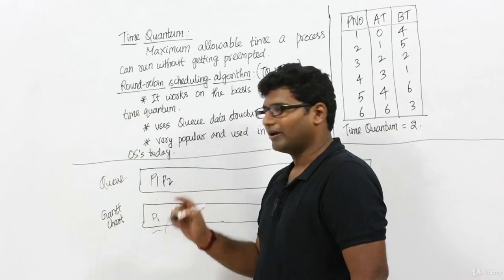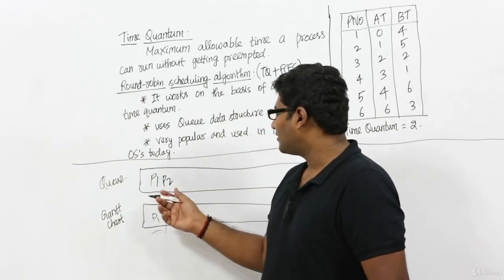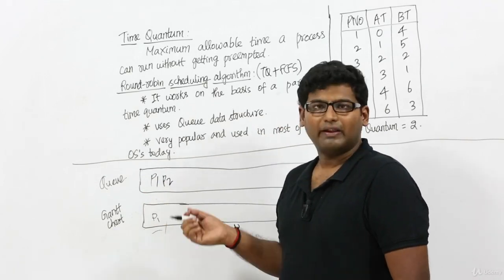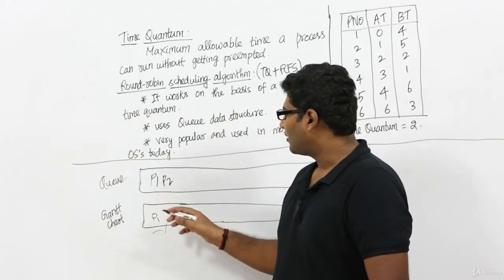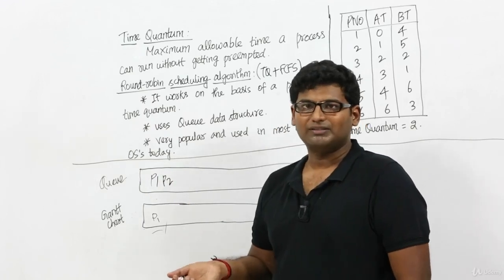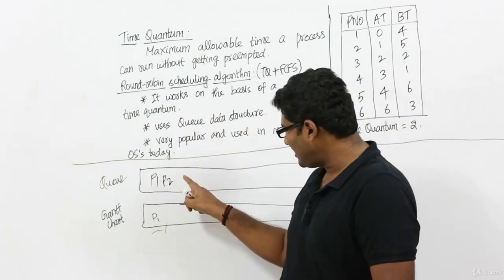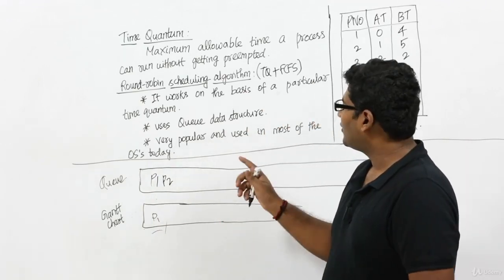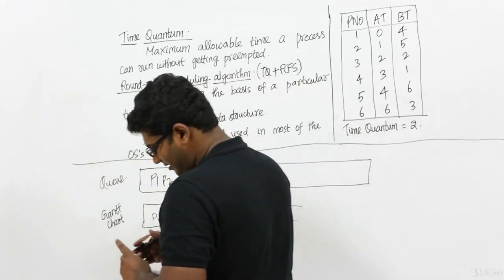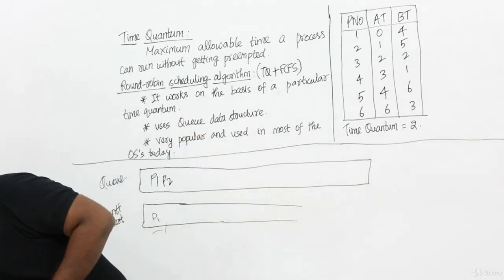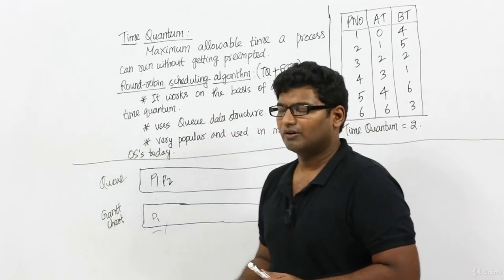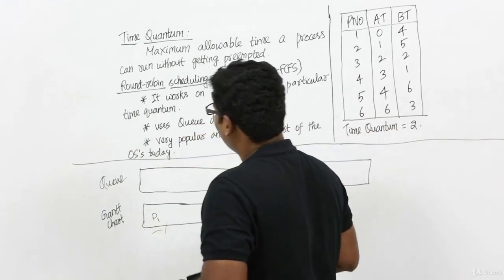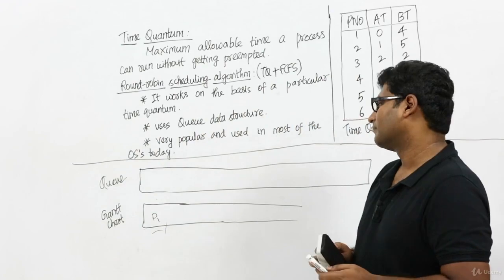Deletion will always happen at the front end, which means I can delete P1. Before deleting P1, I cannot delete P2, because at the front end we only have P1. Similarly, insertion can happen only at the rear and not here or here. That is what we mean by the queue data structure. The queue is very popular in the data structures and algorithms topic, but let's see only the basics. That is more than enough to understand the round robin scheduling algorithm.